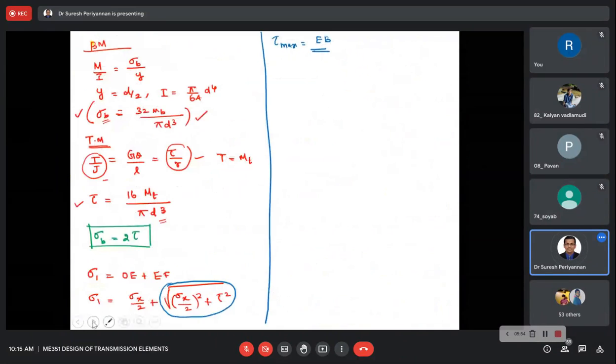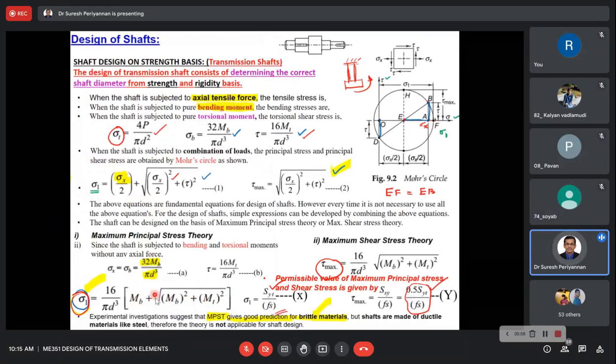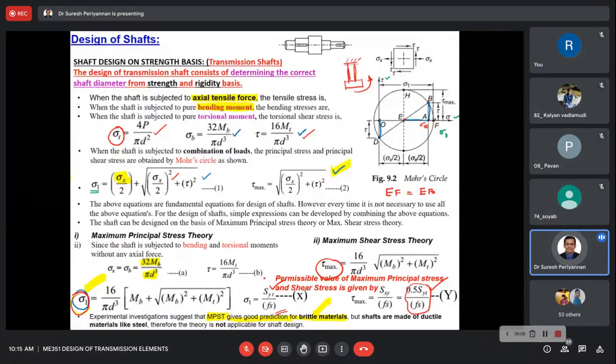Now I come to this. What is this terminology? Please anyone tell me. I underlined it.